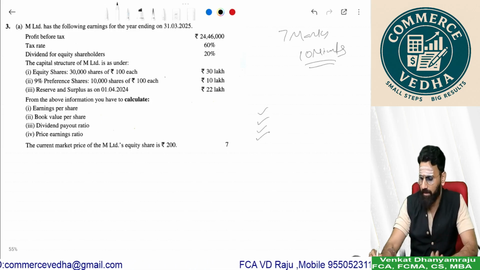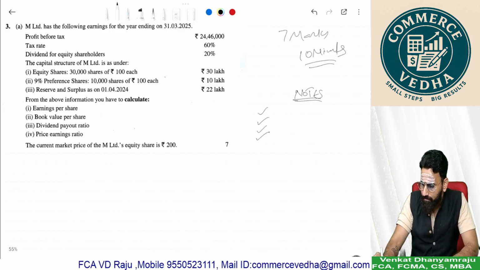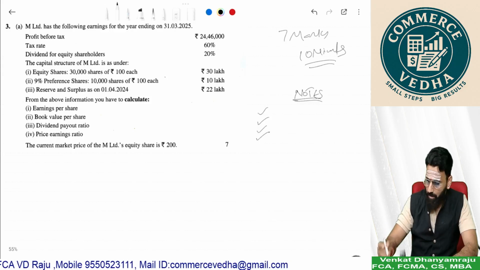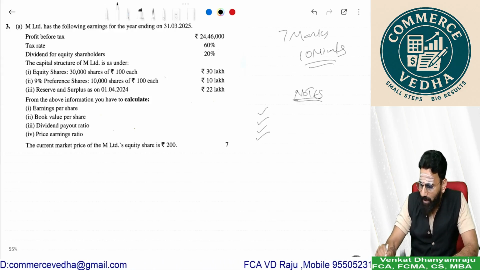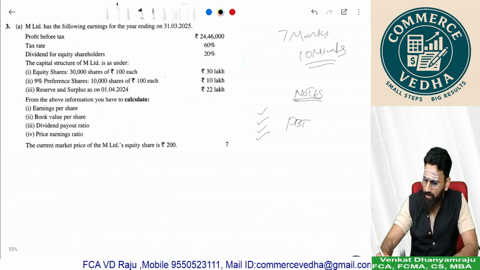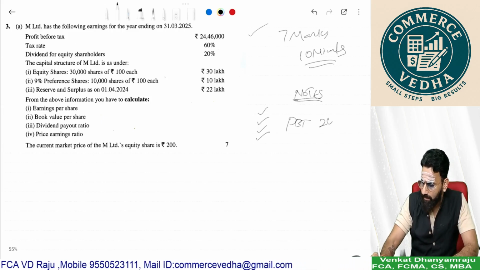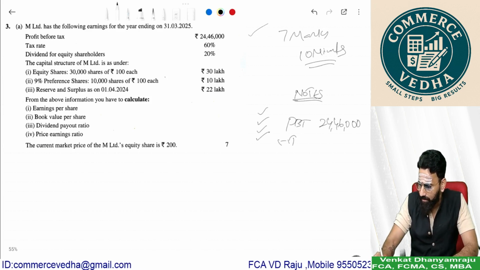First, I will take the basic notes on this, which is my working notes. My main answer is different. I am going to do the main answer separately. Working notes: first I will take my PBT in the question, which is 24,46,000, and I'll reduce the tax.